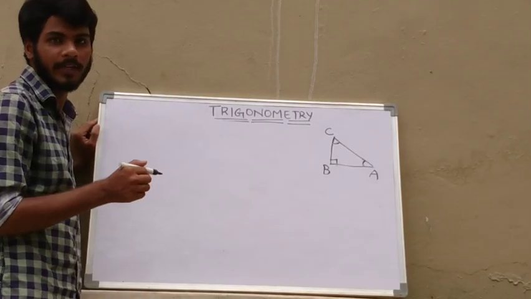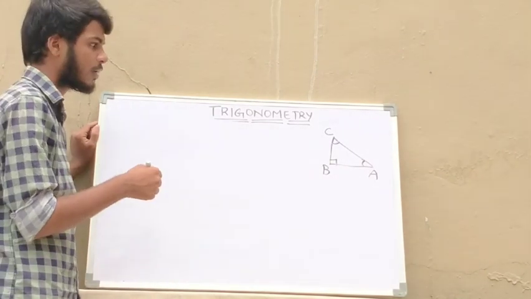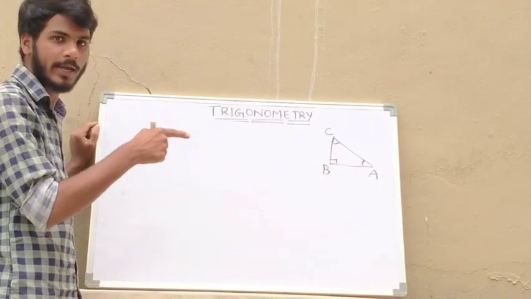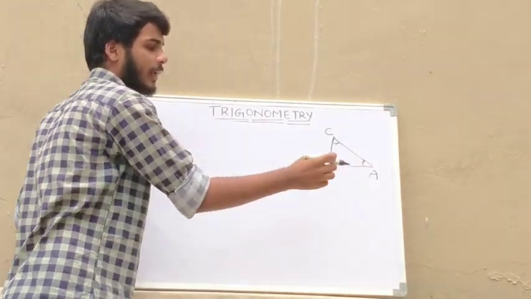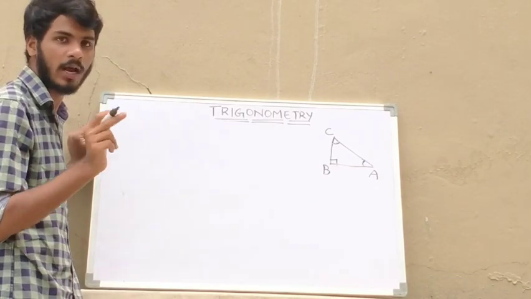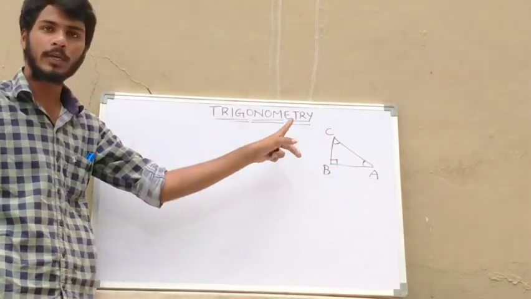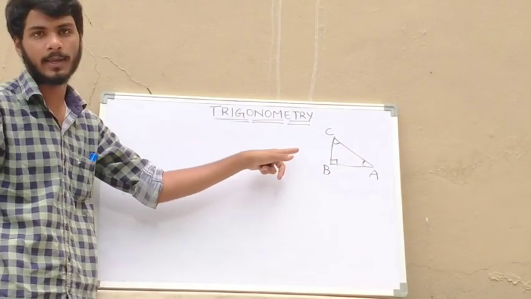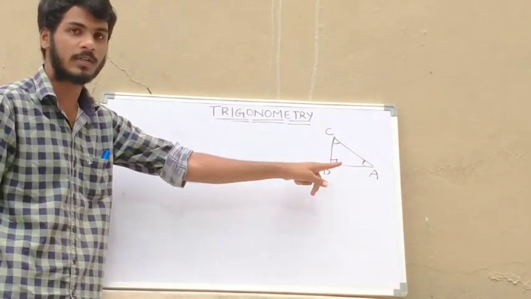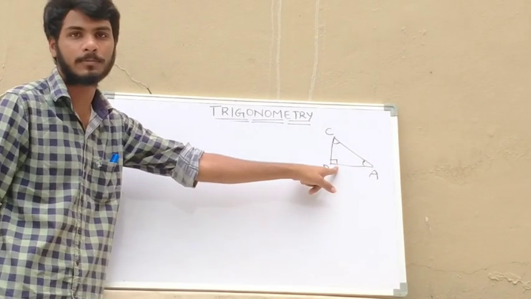So here comes the derivation of sin square A plus cos square A equal to 1. Before going to this, what is Pythagoras theorem? The sum of squares of two sides of a right angle triangle. Remember that Pythagoras theorem is only applicable for right angle triangle because hypotenuse exists only in right angle triangle. What is hypotenuse first? It's the side opposite to 90 degrees.